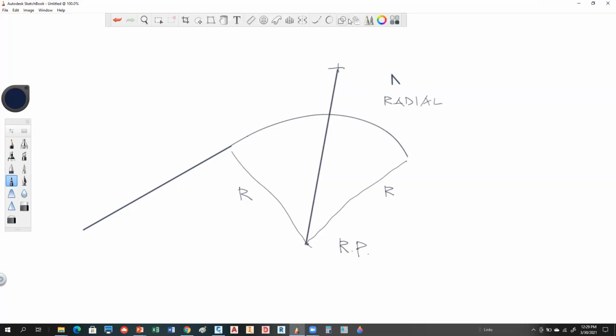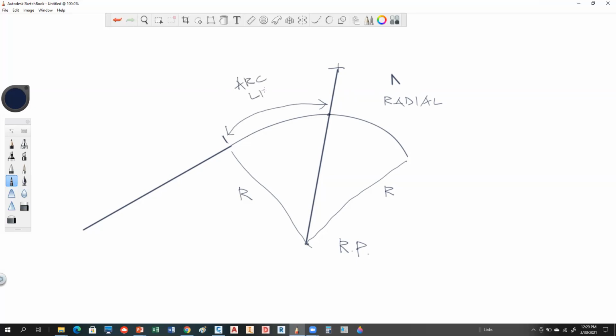So when you have that radial line, then where that intersects your curve, you measure the distance from there to there. What is that distance, straight or is it bent? It's bent. So what we have to do is figure out this arc length.